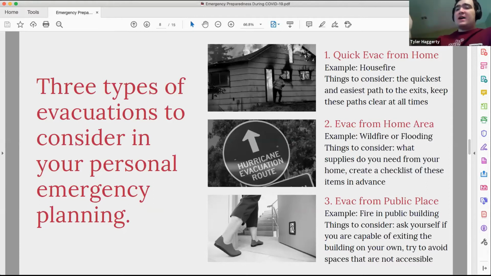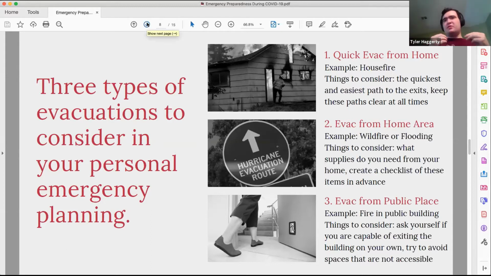There's also an evacuation from a public place, such as a fire in a public building. The important thing to ask here is if you are capable of exiting the building on your own, and try to avoid spaces that are not accessible.